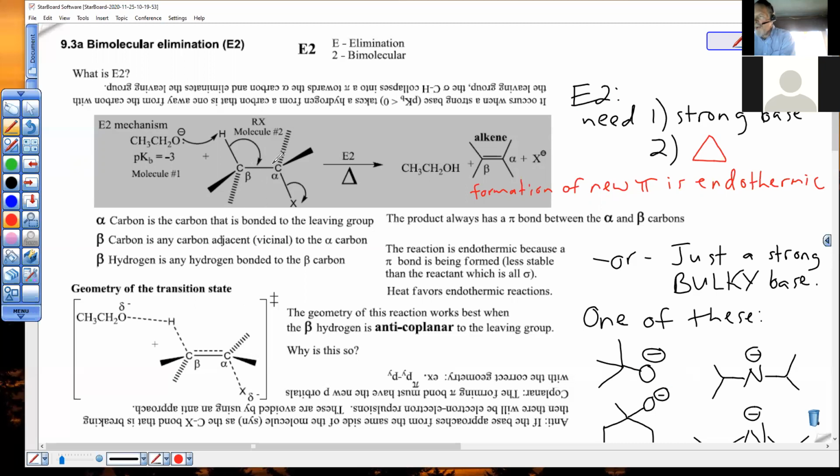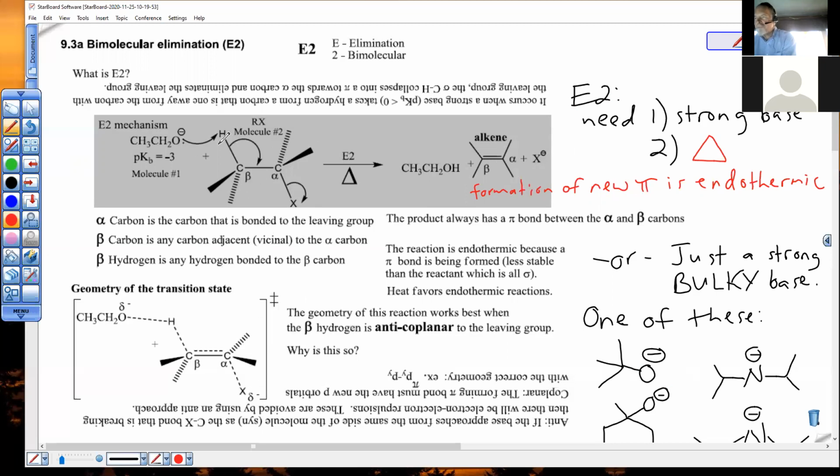Transition between no pi and a full pi is partial pi. Transition between leaving group having a bond to carbon and not having a bond to carbon, partial bond to carbon. Transition between negative charge on O and neutral O is a partially negative O. That transition between a neutral leaving group and an X minus leaving group is a partial negative on the leaving group.